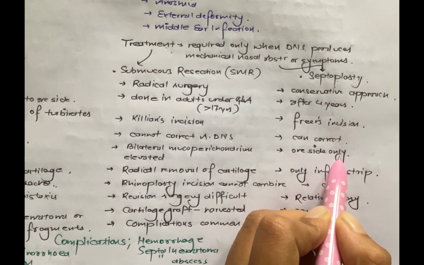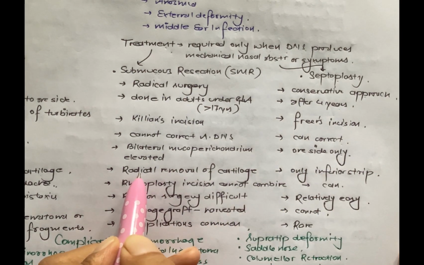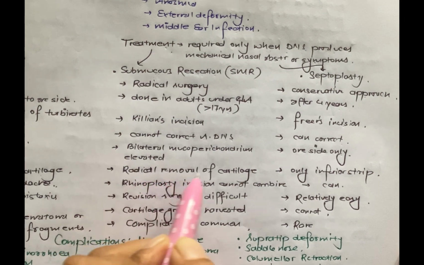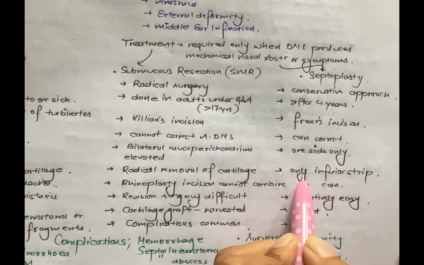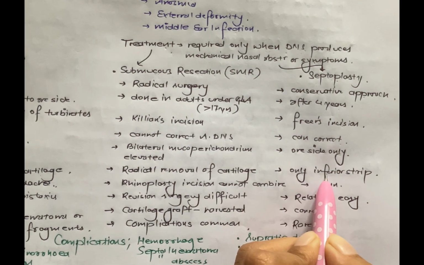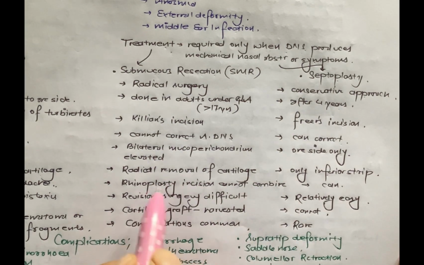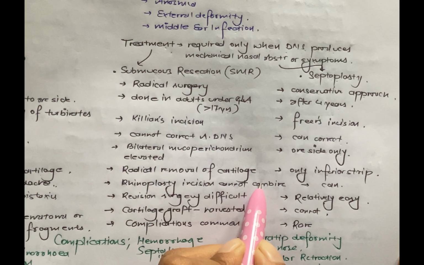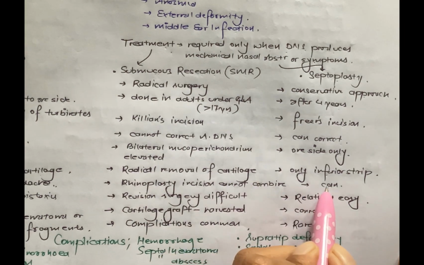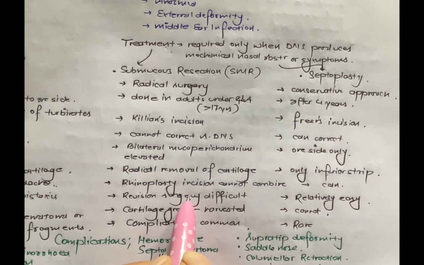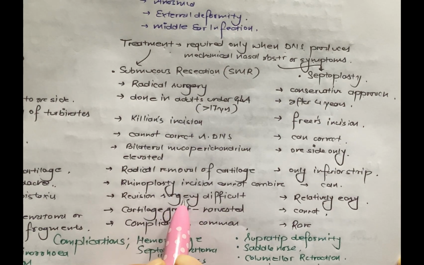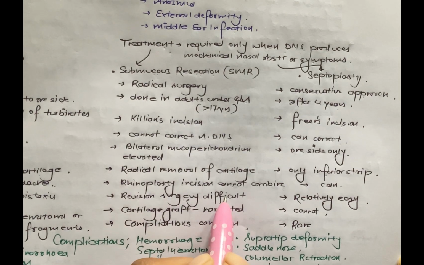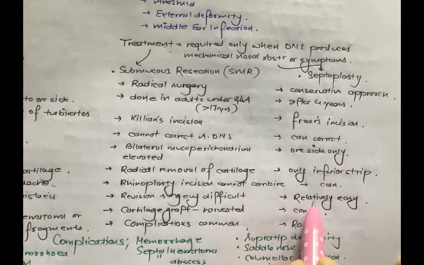And in SMR operation, there is radical removal of cartilage, whereas in septoplasty, there is removal of only an inferior strip. Rhinoplasty incision cannot be combined with SMR, whereas it can be combined with septoplasty. Talking about revision surgery, in SMR operation it is very difficult, whereas in septoplasty it is relatively easy.